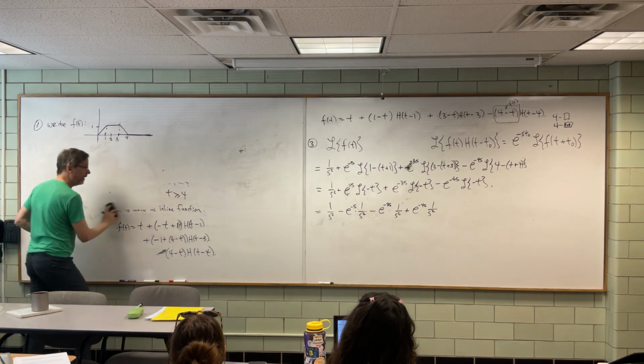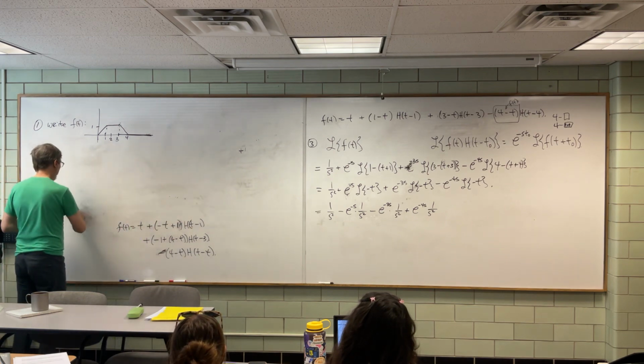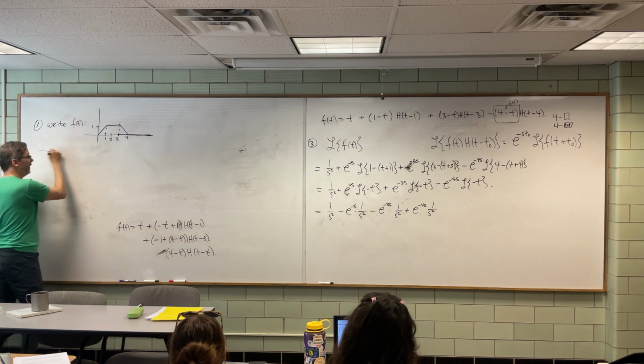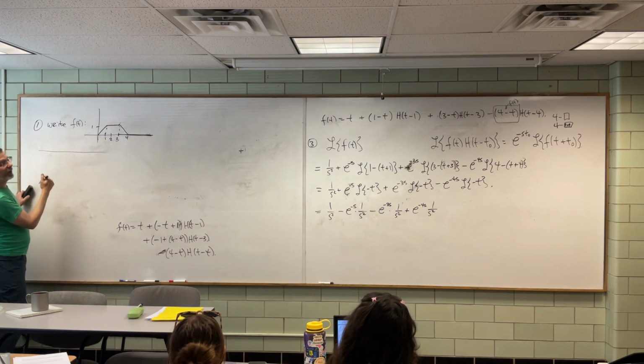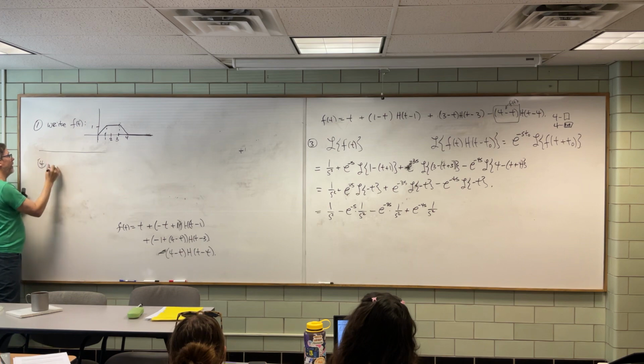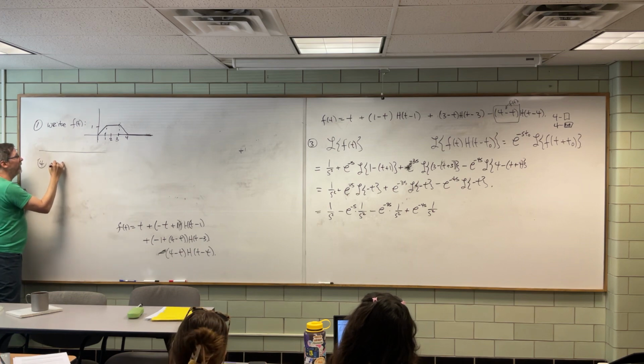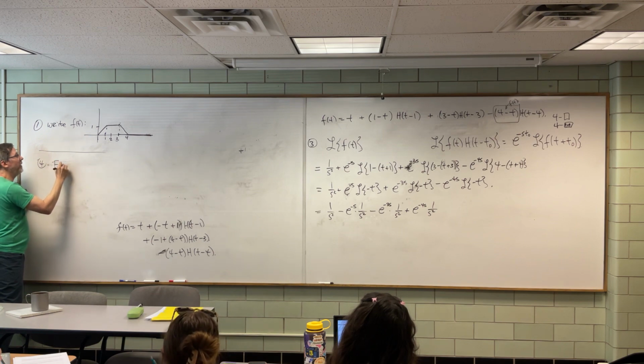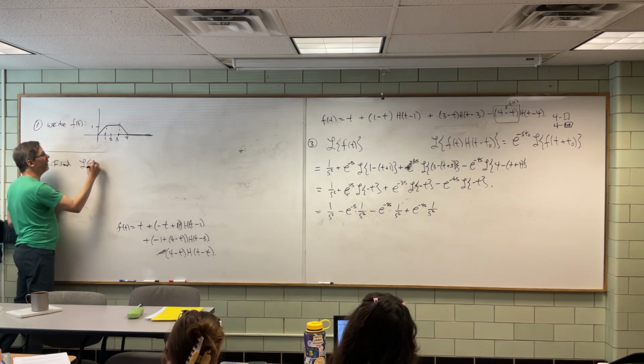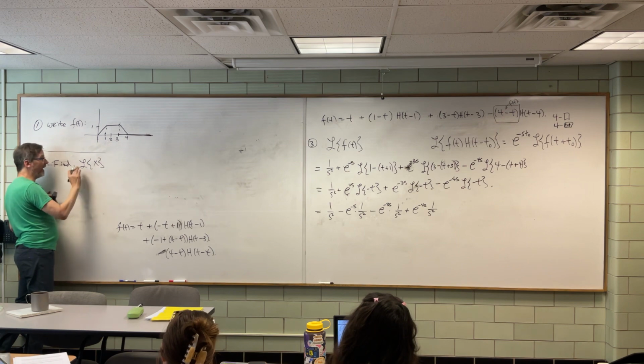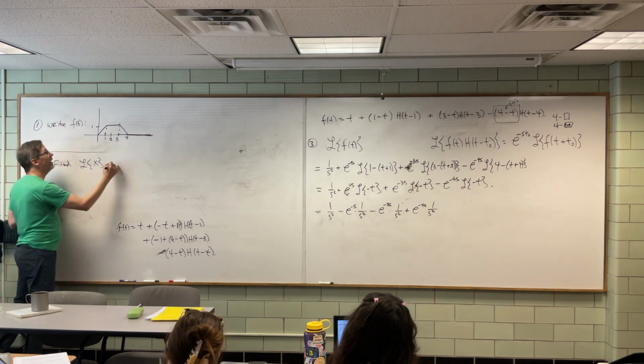So, friends, let's then solve this equation. Let's at least start the machinations of that. So what was that, step 4? Step 4 we're on. Find the Laplace transform of x. I'm not asking you to undo it yet.